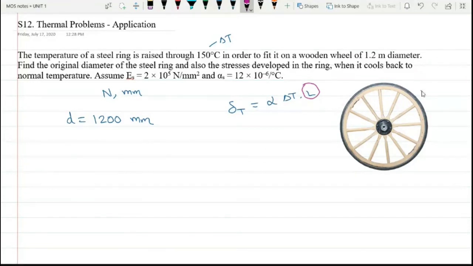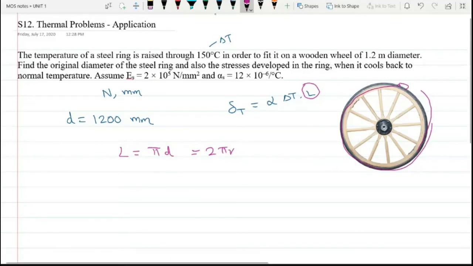My length is in the shape of a circle, right? Which means my length here is pi into d. Can anybody understand? My length here is pi d, circumferential distance, right? Or we can also call it 2 pi r, whatever it is. Since I have diameter directly, I am just writing pi into d.